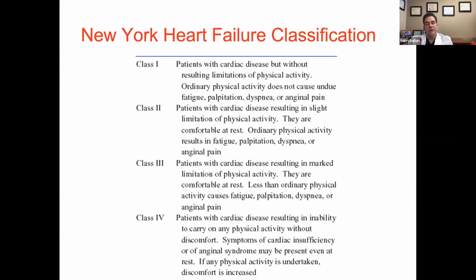It's important to go over the New York Heart Association heart failure classification, class 1, 2, 3, and 4. Class 1 is when the patient is walking and talking, with no symptoms at rest and minimal to no symptoms with exercise. And class 4 obviously is the worst, where they're very symptomatic at rest, and their exercise capacity is extremely limited.